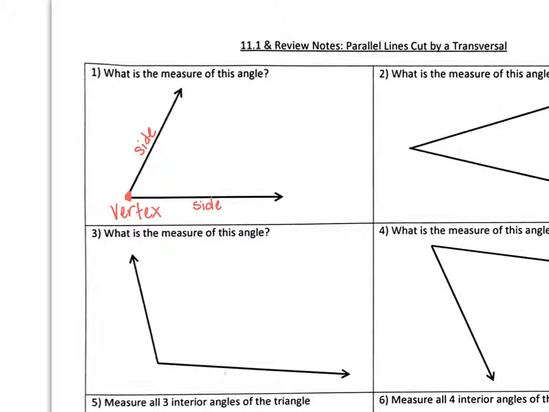Depending on how open these two are, we're going to write our measure inside here, and this is in degrees. So remember, it depends on how open the two sides are, where that vertex is. Think of a door opening. The hinge is right here at the vertex.